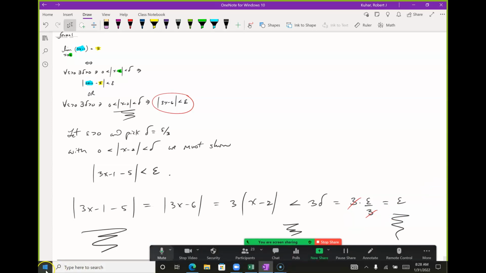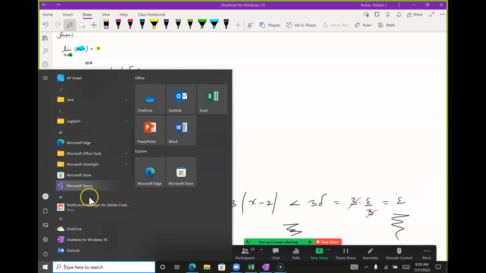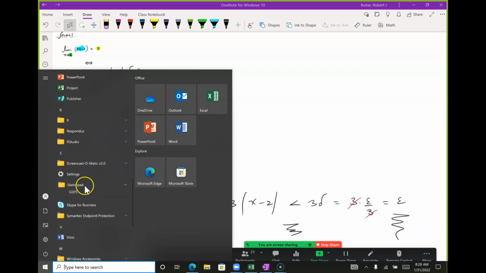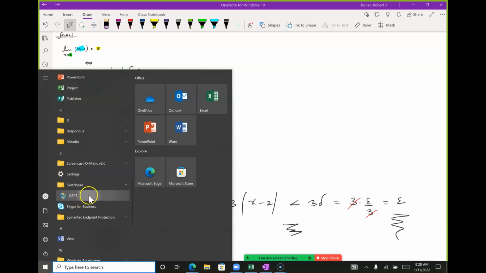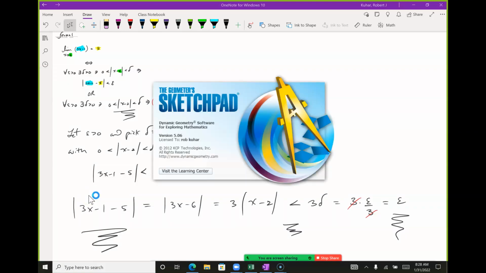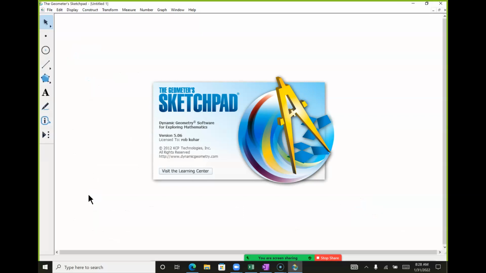So I'm opening up a program called Sketchpad. There's a version of this that you could find if you were really interested, or if you're a math major or a computer science major, on Desmos. You go to Desmos, you search for epsilon delta.